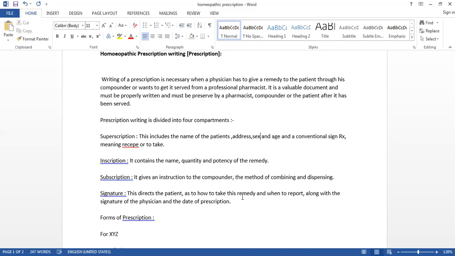The second thing is the follow-up date, when he will come to you again. So he will report on that XYZ date.